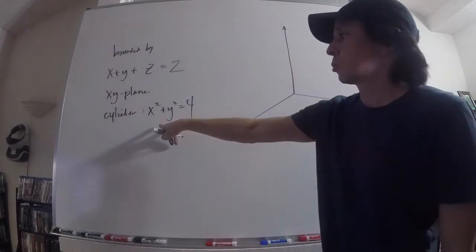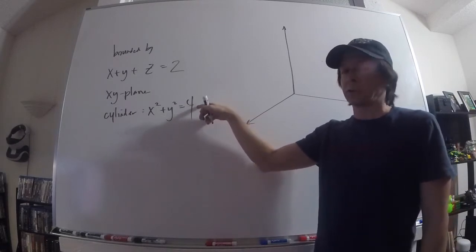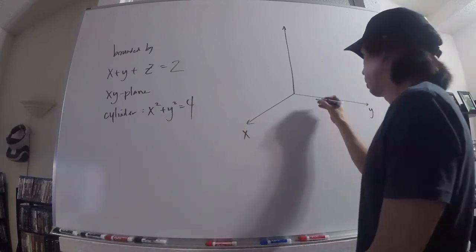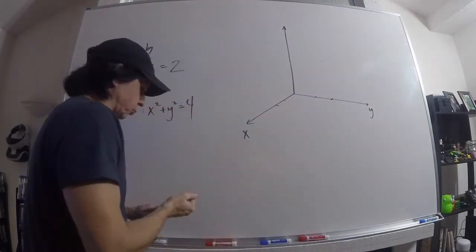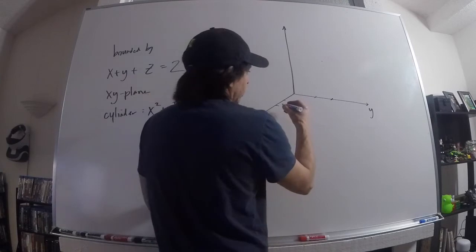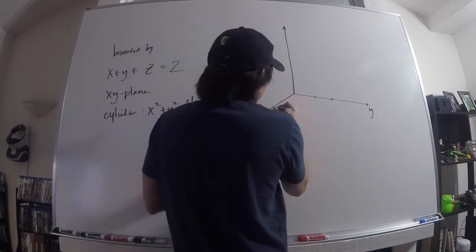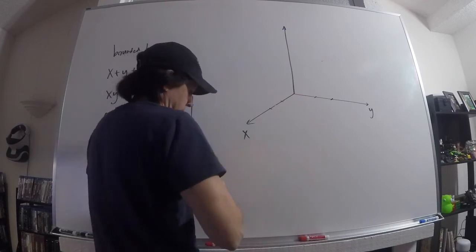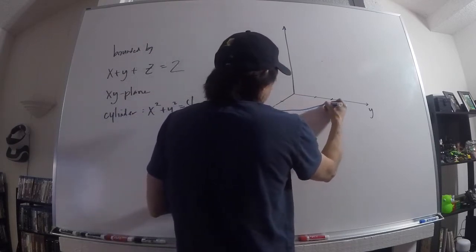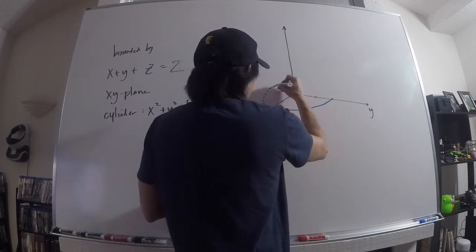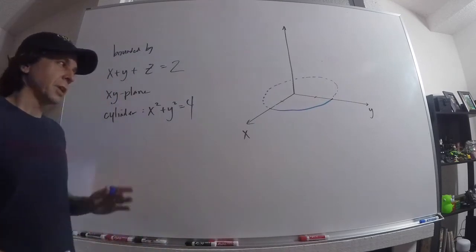Okay, x squared plus y squared equals 4 is a circle of radius 2, because that's radius squared right there, 4. So radius 2, and you get a circle of radius 2. Except it's not a circle.